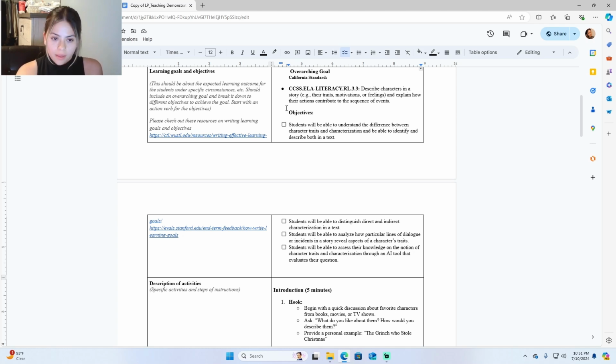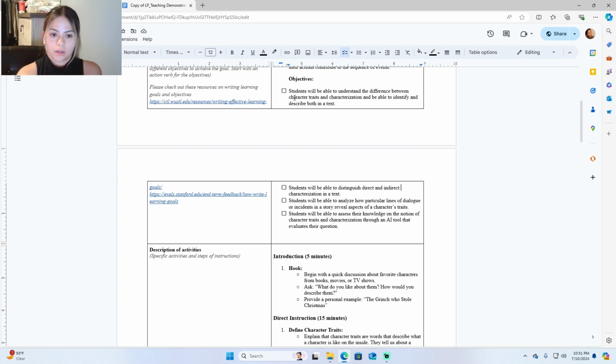So the objectives we have in order to reach our goal are, first, students will be able to understand the difference between character traits and characterization and be able to identify and describe them in a text.